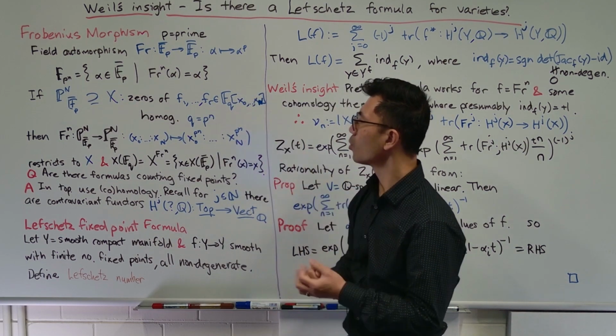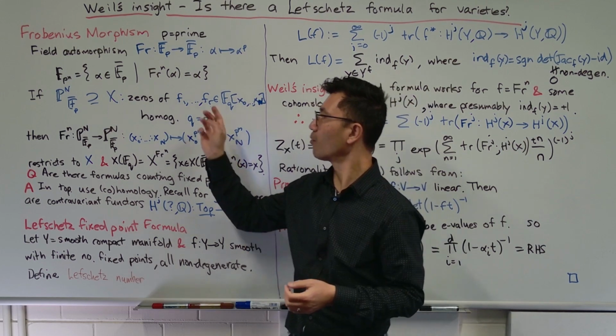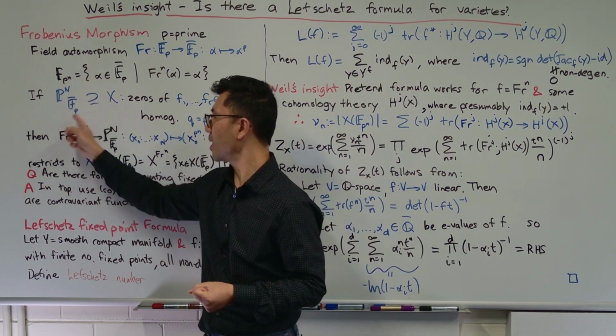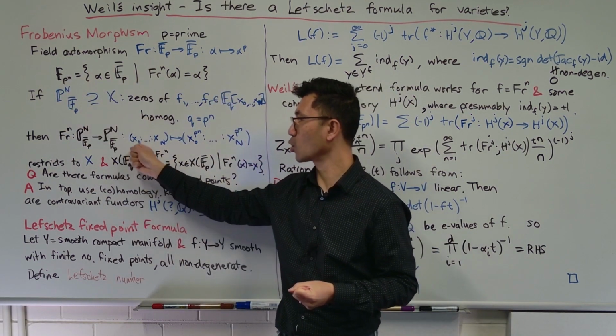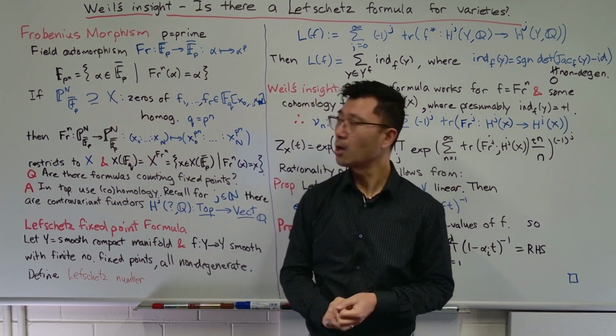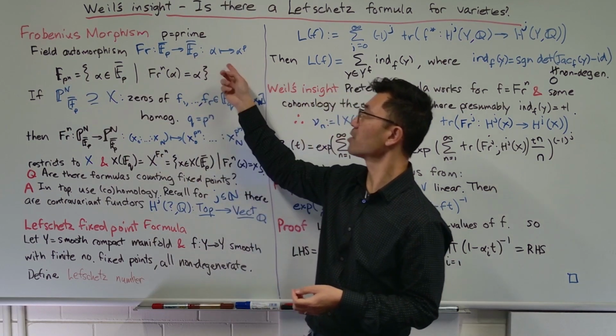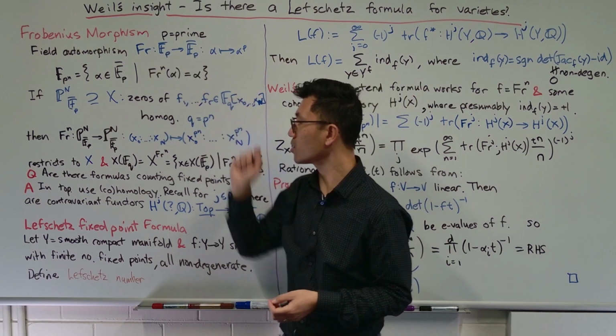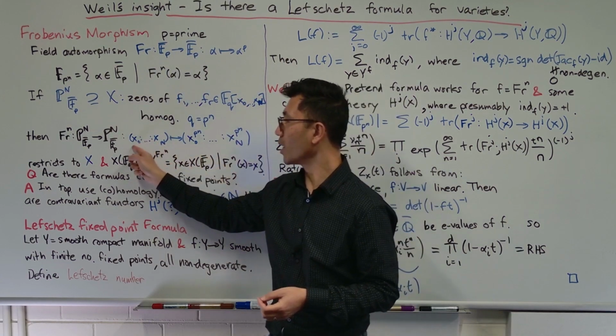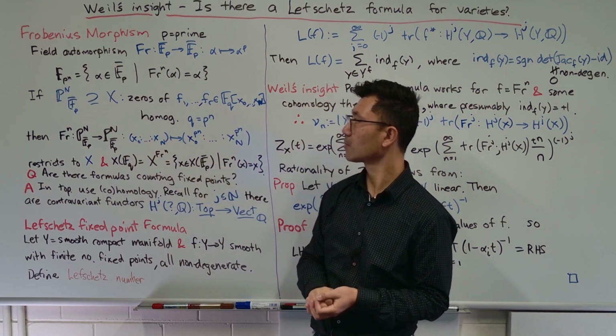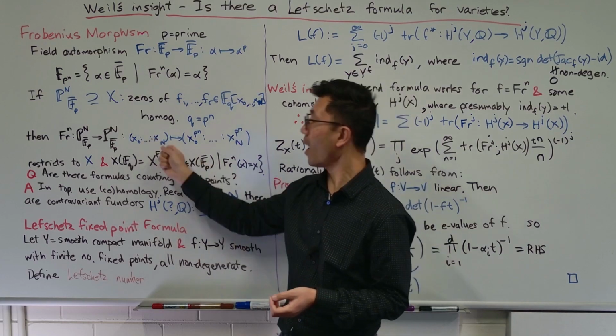Of course, this P^N consists of homogeneous coordinates x0 up to xN. So you can apply this raising to the pth power, or this Frobenius automorphism, to each of the entries. And in fact, we can apply powers of that too.